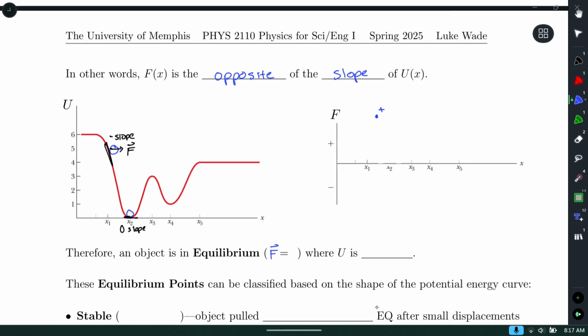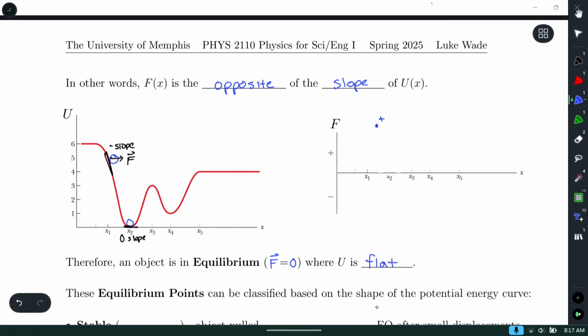So equilibrium, meaning 0 force, happens where this potential energy curve is flat, where it has no slope to it. So what other equilibrium points do you see? X4, yep. All right, where else? X3. Any others?